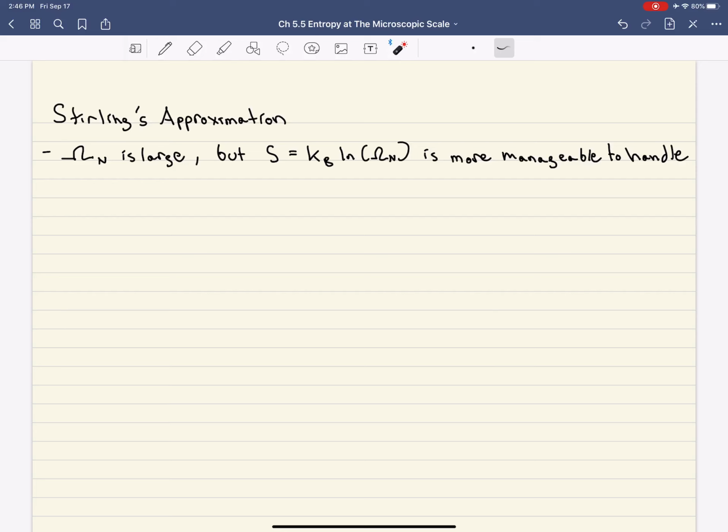What we're going to do is take the multiplicity formula we derived for an ideal gas, and plug it into this definition for entropy.